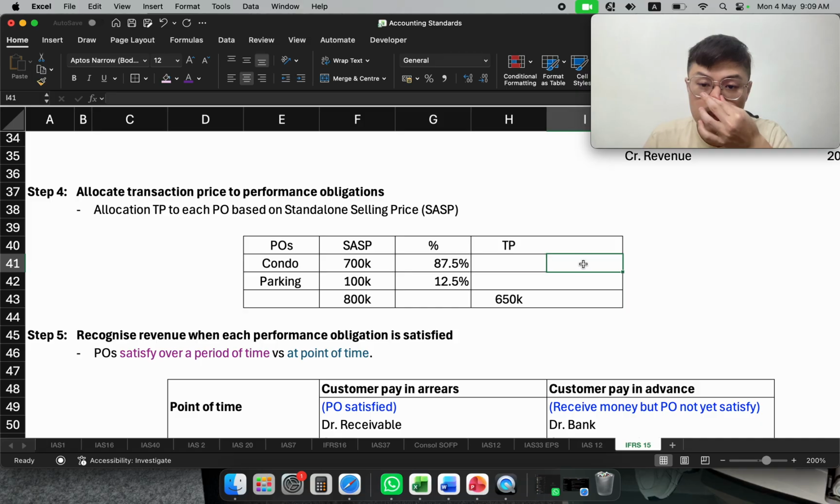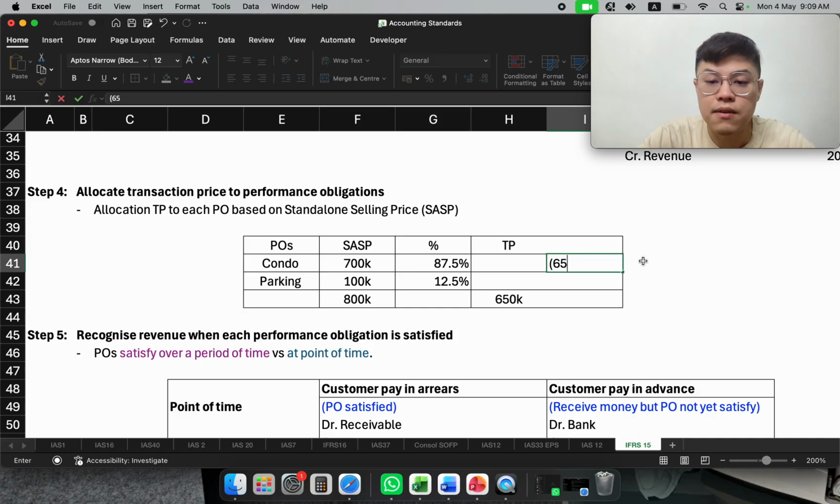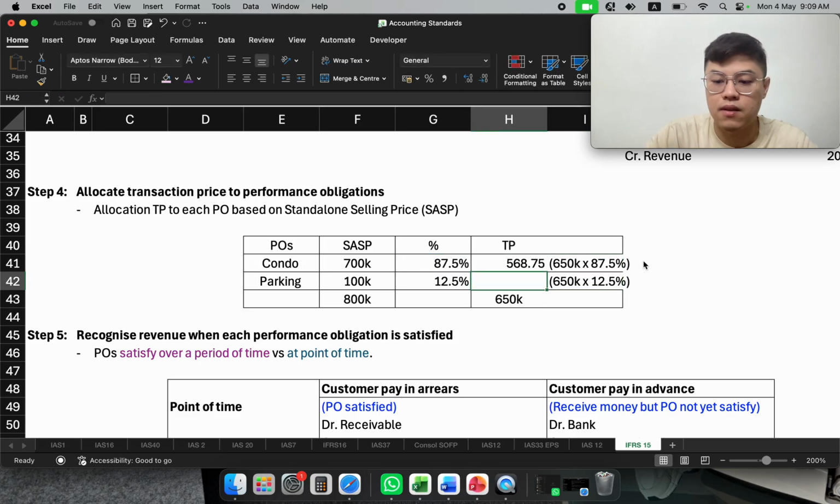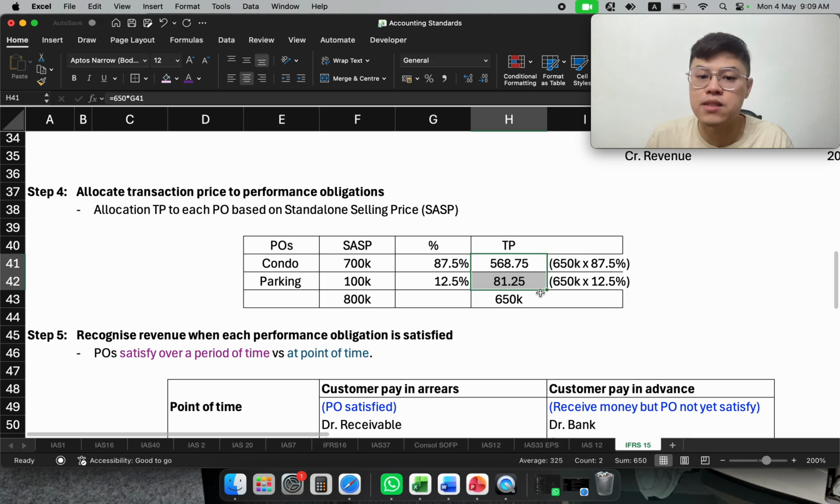So to do this, we will need to use 650K times 87.5% and 650K times 12.5%. So you will get this amount, which adds up to 650.